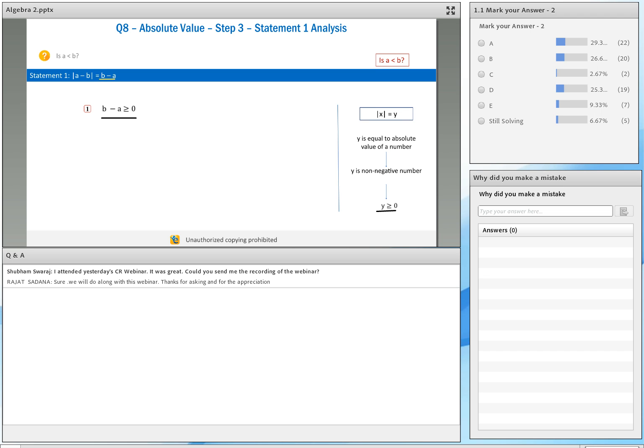Does everyone get this? Okay. For those of you who say no, why are you saying no? Absolute value of a number can be greater than or equal to 0.